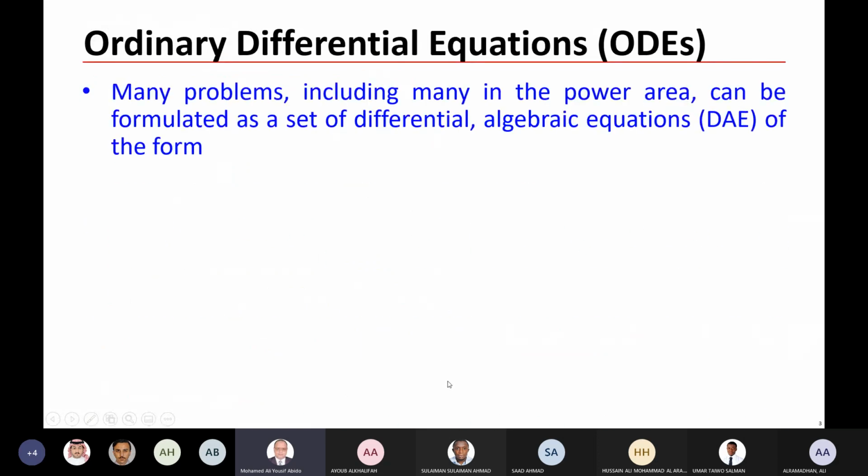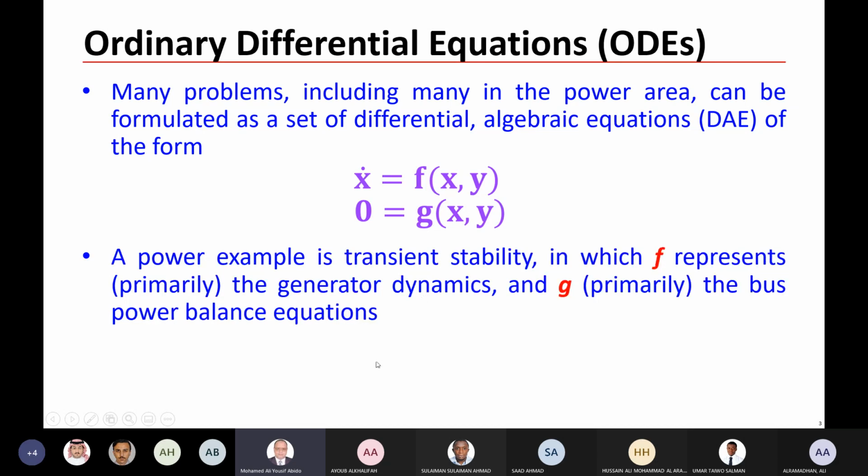Many problems, including many in the power area, can be formulated as a set of differential algebraic equations. In general, this is the general form: x dot equal to f of x and y. This is the differential equation, and this is the algebraic equation: 0 equal to g of x and y.